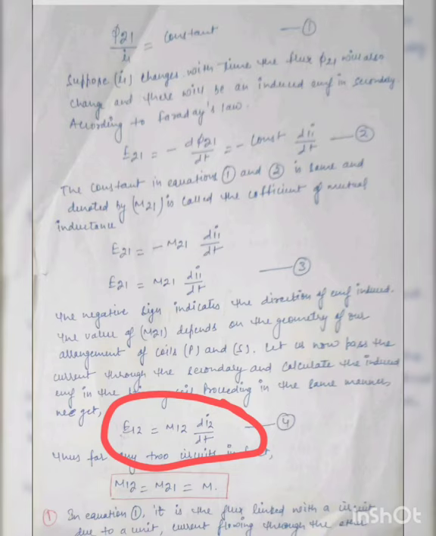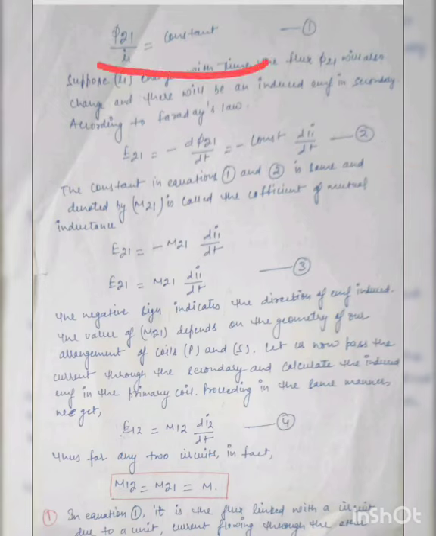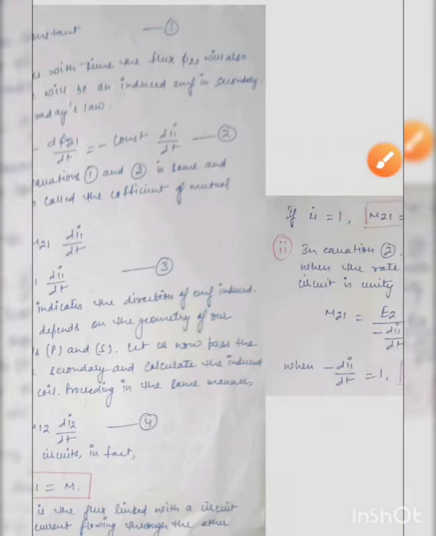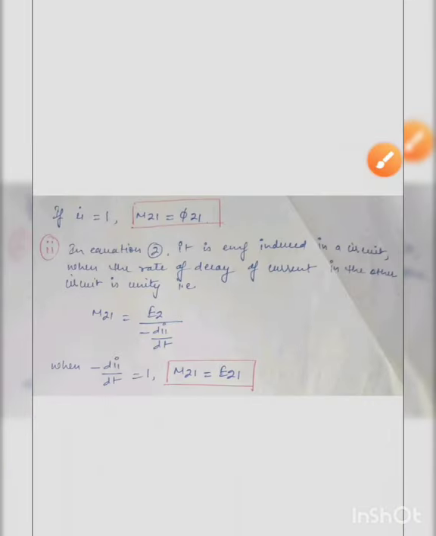Thus, for any two circuits, M12 equals M21 equals M. In equation first, phi 1 upon I1 is equal to a constant. It is the flux linked with the circuit due to a unit current flowing through the other nearby circuit. M21 equals phi 1 upon I1. When I1 equals 1, then M21 equals phi 1.